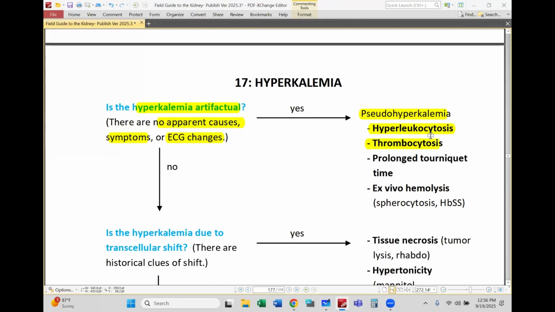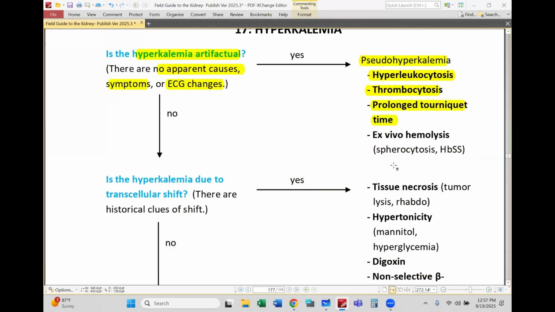Very high platelet count can do the same. Essentially, what you're having is that ex vivo in the tube, you have cells that are releasing their high K content into the ECF in the test tube, right? Prolonged tourniquet time is an example.